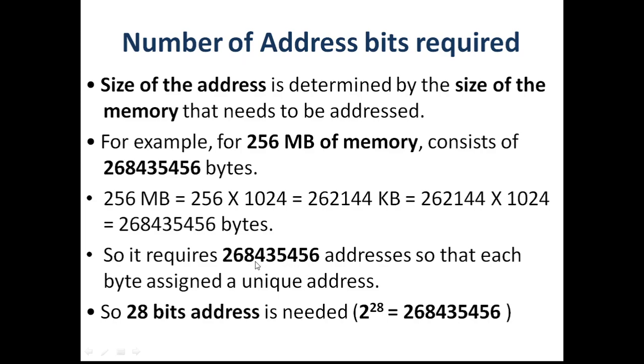The answer is 2 power 28, because 2 power 28 is equal to the number of bytes we calculated. As a result, we need a minimum of 28 bits to uniquely identify each of these bytes. So the final answer is that 28 bits are necessary to address memory of 256 MB.